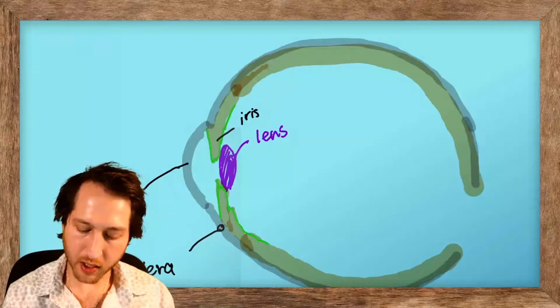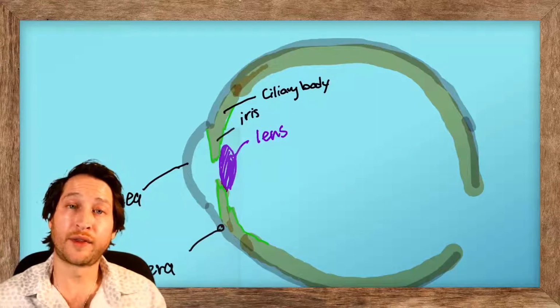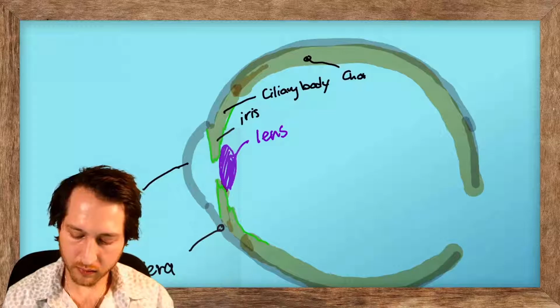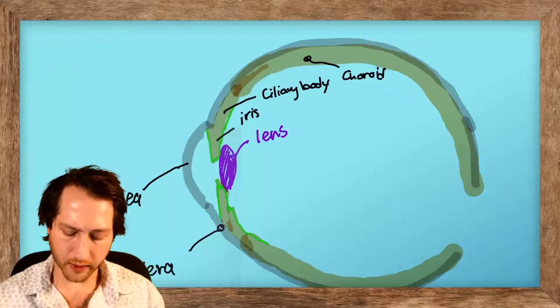The ciliary body. Remember, that was that structure that's involved with changing the shape of the lens. And then we have the choroid. And those three make up the uvea, or the vascular layer.